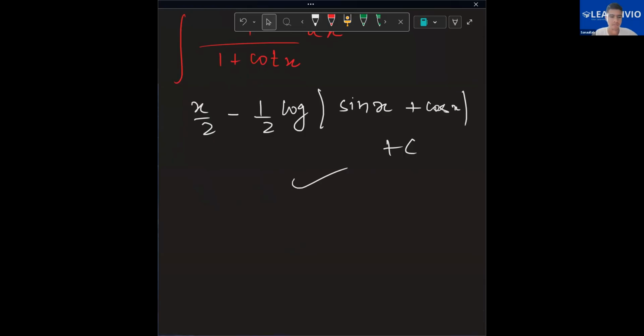So let's try this question a little bit on a higher level. It is from a competitive exam. It is not that difficult, it is very easy. I know you guys can do it.